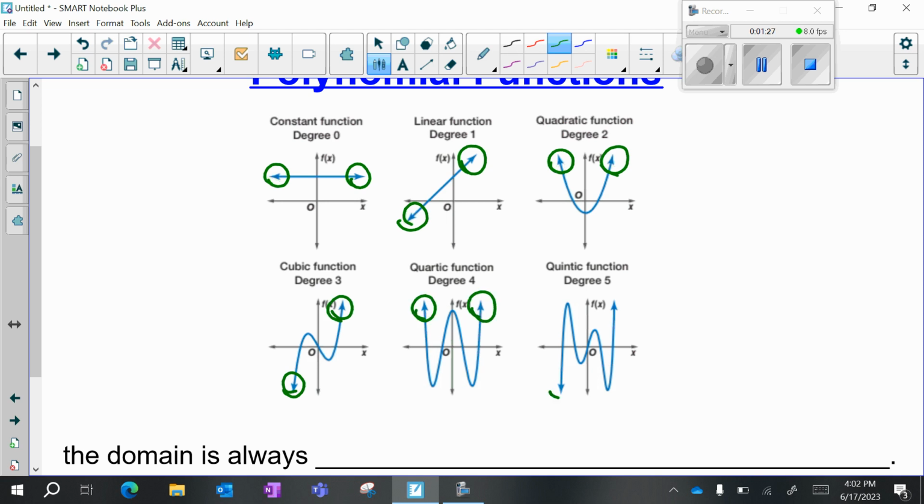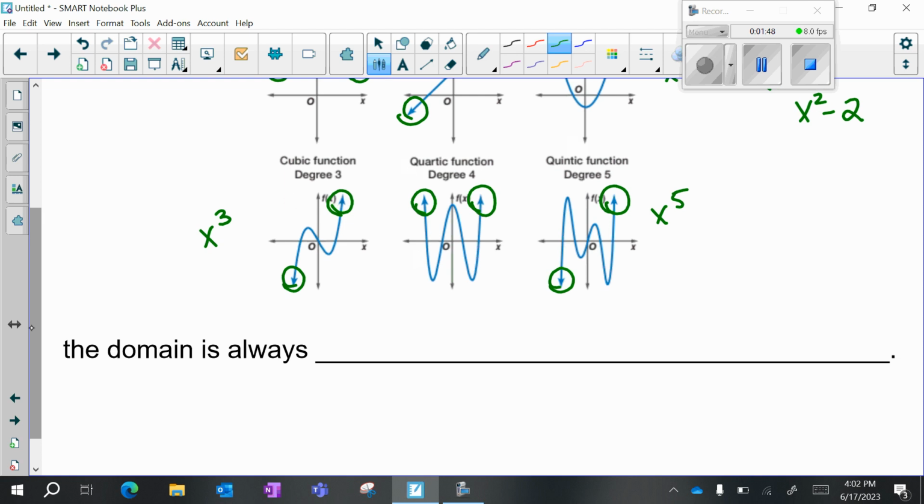So there's no domain restriction on my polynomial functions, whether it's quadratic, quintic, cubic, doesn't matter. It also does not matter if there's a transformation. So if I had something like (x+5) squared or x squared minus 2, it doesn't matter. My domain for a polynomial function is always all real numbers.